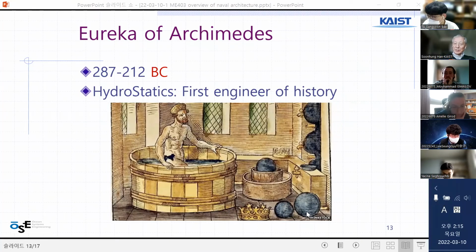Then you can compare this with the gold crown. Very similar to this. He has a bath inside the water, then the water level goes up and your weight is lost inside water. By comparing the water levels coming from the crown and also the black ball, he can measure the exact weight of the gold crown to find out the purity of the gold.